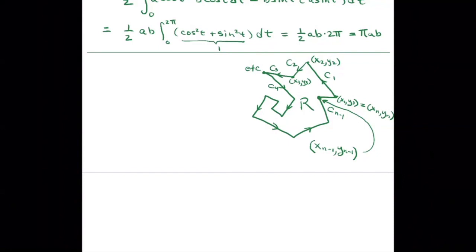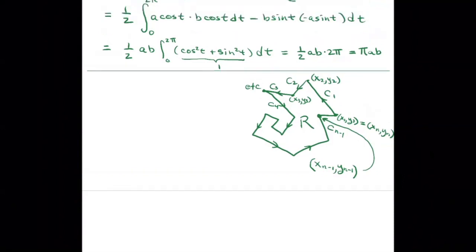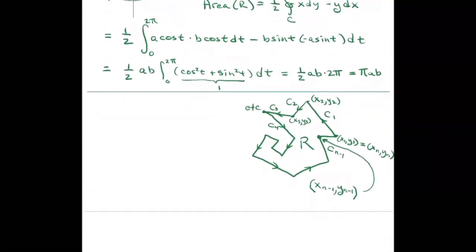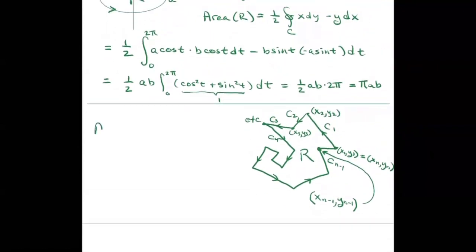Okay. And we know for sure that the area of R is 1/2 the integral over C of x dy minus y dx.